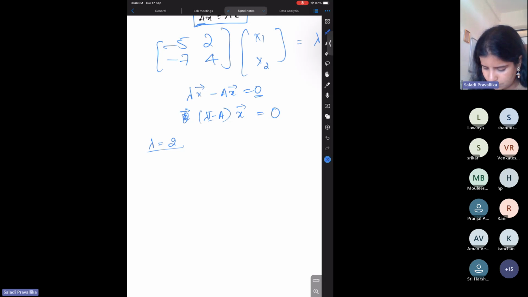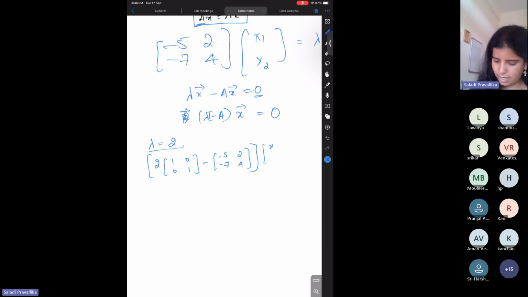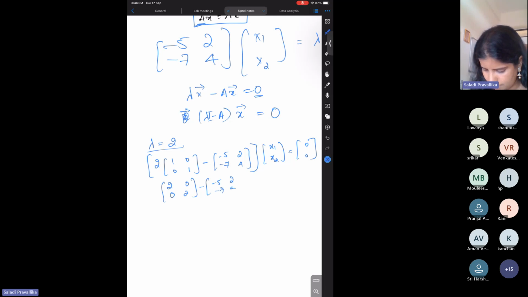Okay. So it's 2 into 1, 0, 0, 1, minus minus 5, 2, minus 7, and 4. Okay. All of this into x1, x2. This should be equal to 0, 0. Right? Let's solve for this now. It's 2, 0, 0, 2, and then minus minus 5, 2, minus 7, 4. x1, x2 is equal to 0, 0.